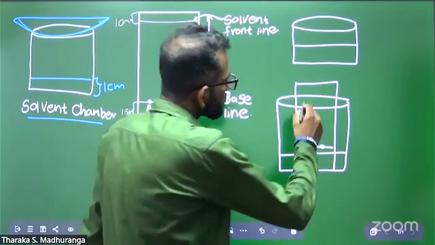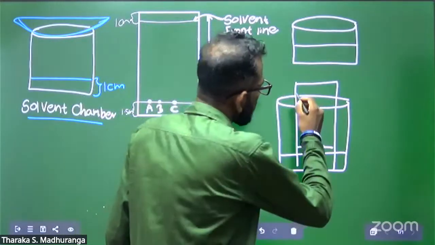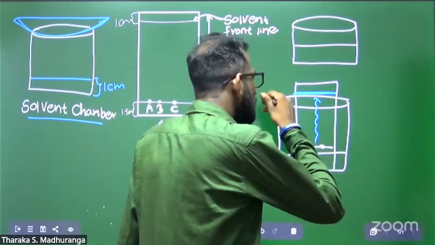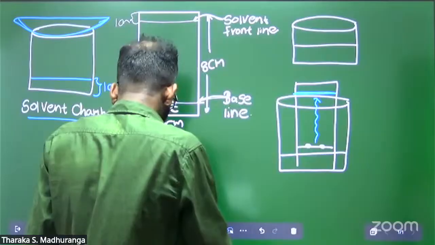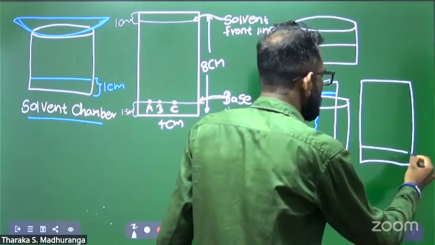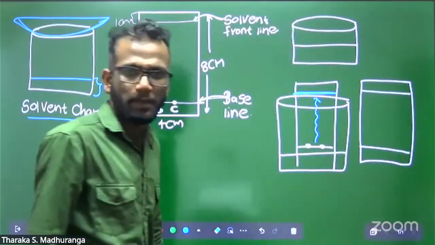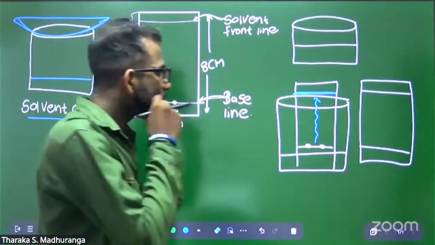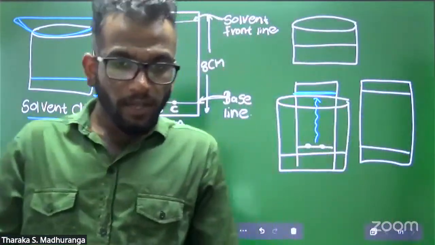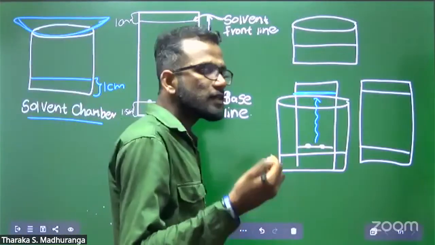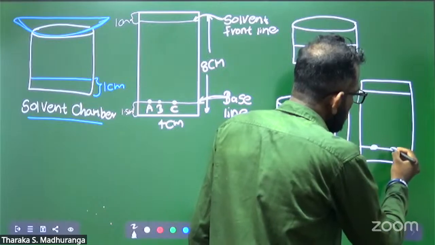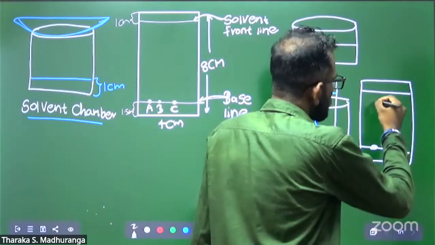After that, when the solvent line comes to the solvent front line, we need to take out this chromatography paper. After that, using the different colors, lights and visualizing agents I mentioned, we can observe the paper.